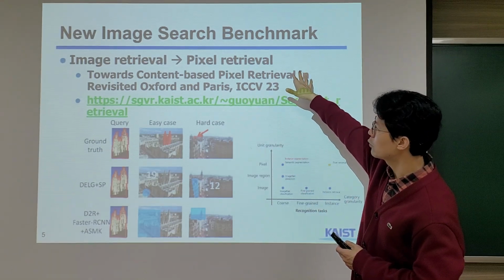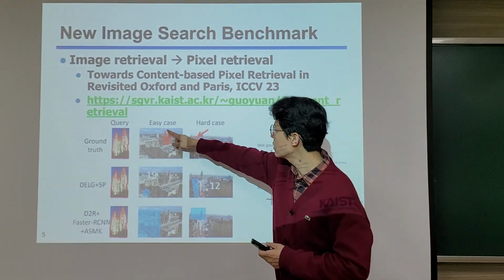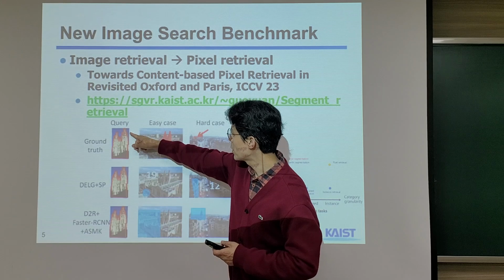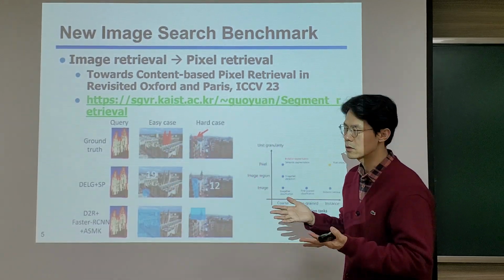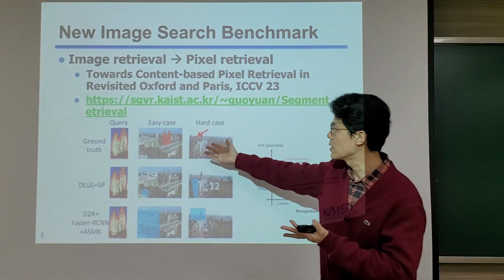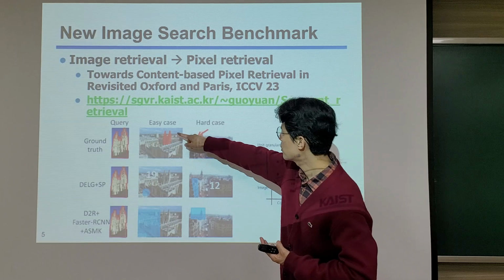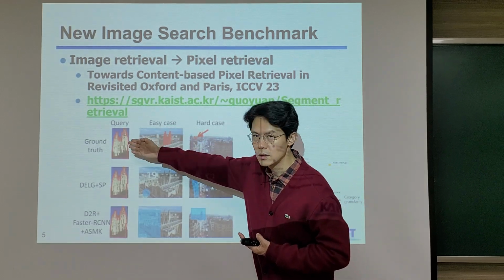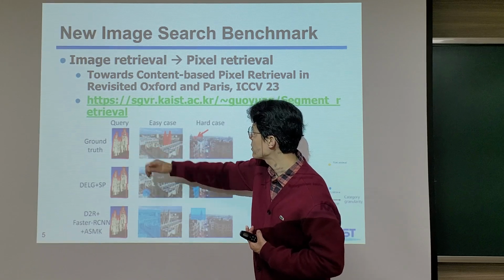But in this pixel retrieval benchmark, we identify the particular region that matches a particular region or part in the query image. So not just the image: instead of just returning a similar image, we wanted to highlight the particular region that matches the particular region in the query image.